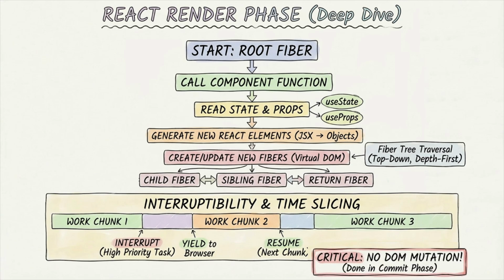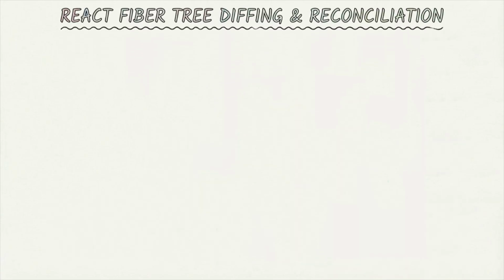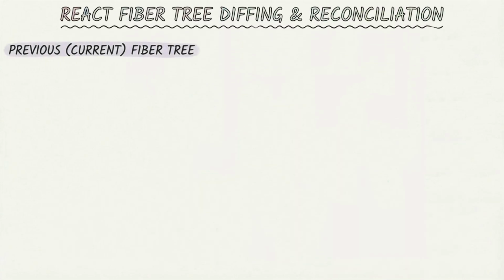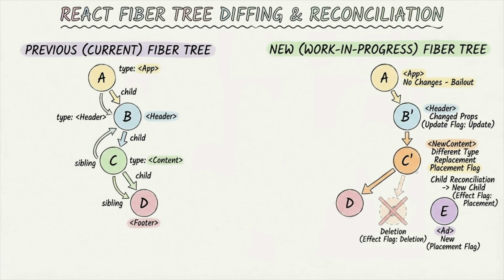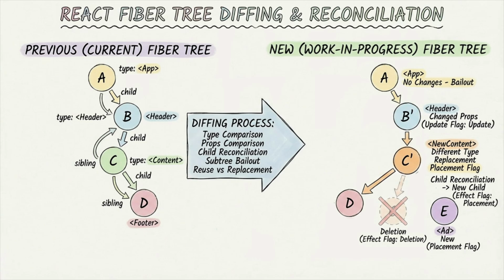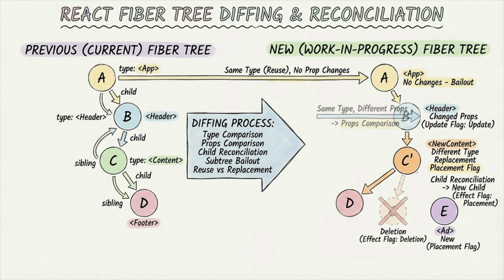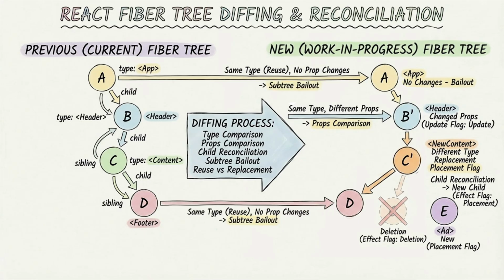But here's where it gets smarter. React compares the new virtual tree with the previous committed tree. This comparison is called diffing or reconciliation. React checks, did the component type change? Did the props change? Did the children change? Can this subtree be reused? If nothing has changed, React bails out.